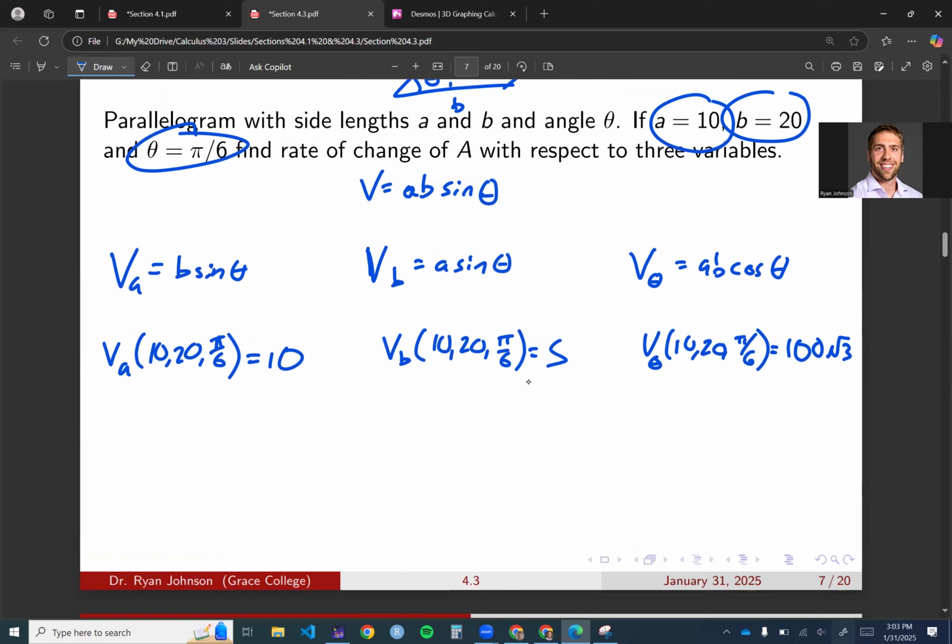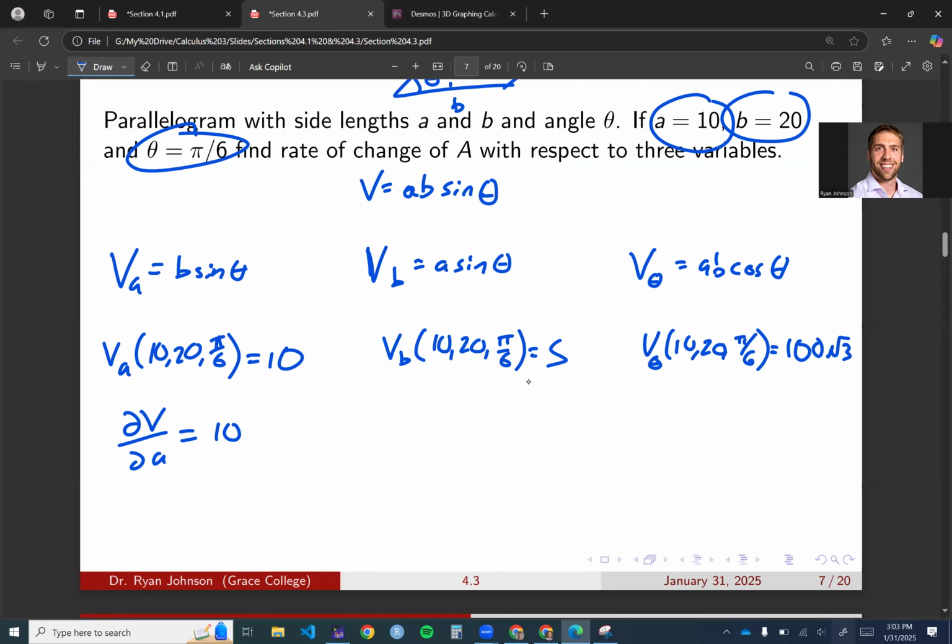So then, here, the notation of the partial is helpful. Partial V over partial A, V_A, is 10, and its units are V's units over A's units.